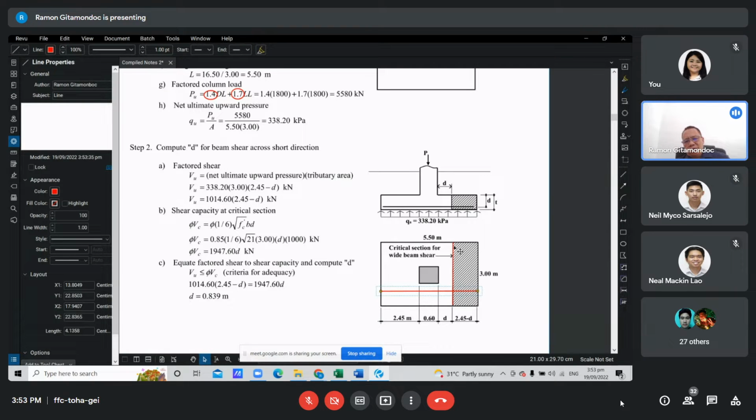So between the two, the one across the narrow side is more critical, no? Of course, because it is narrower. So if beam shear failure occurs, most likely it will occur in this critical section here.